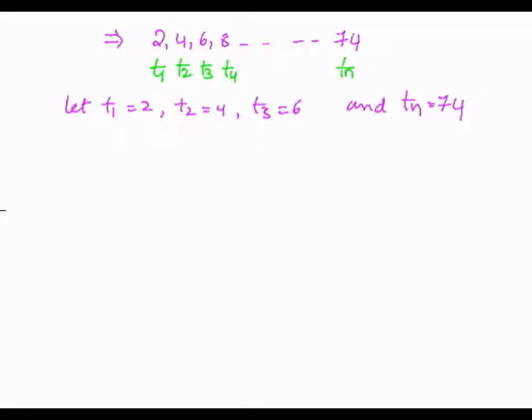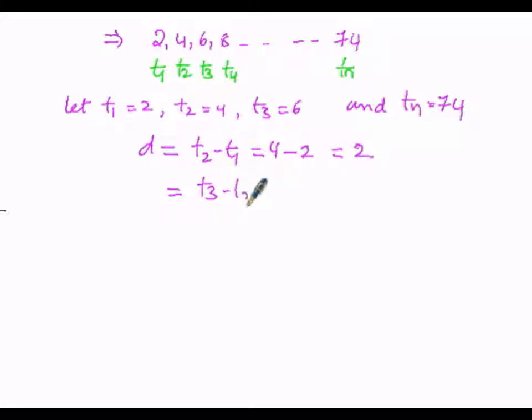Now the common difference D. Let us find the difference between the two consecutive terms T1 and T2. The difference of the first two terms is T2 minus T1, that is 4 minus 2, which equals 2. Similarly, let us find the common difference of the next two terms, T2 and T3.